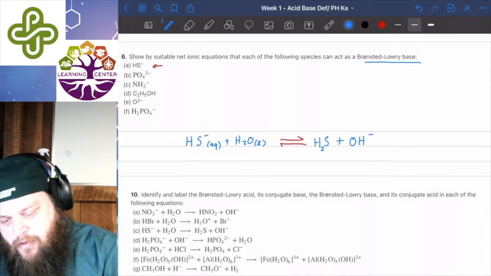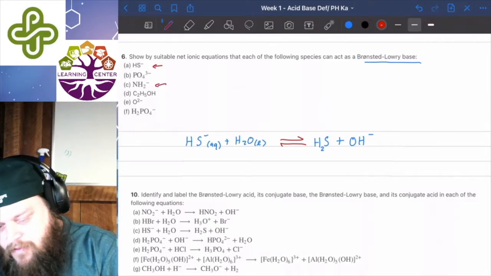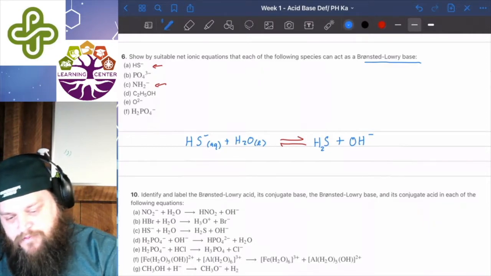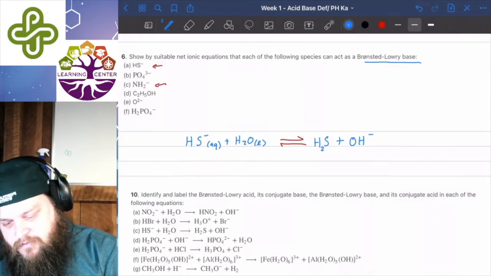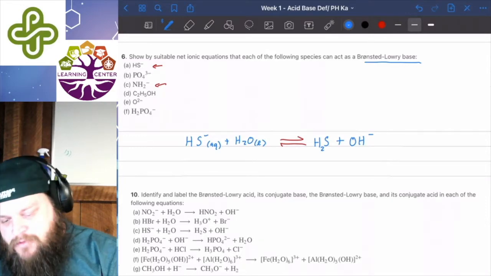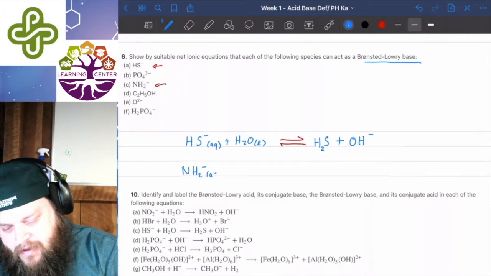Let's try another one here. Let's do NH2 minus, acting as a base. So we know NH2 minus has to start out over here, and it's going to be aqueous.